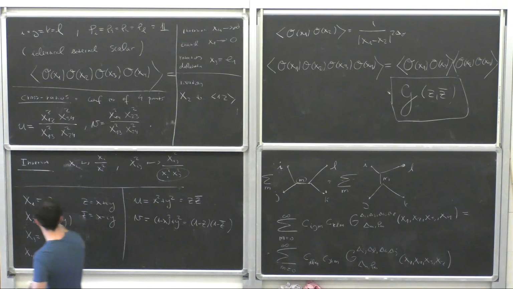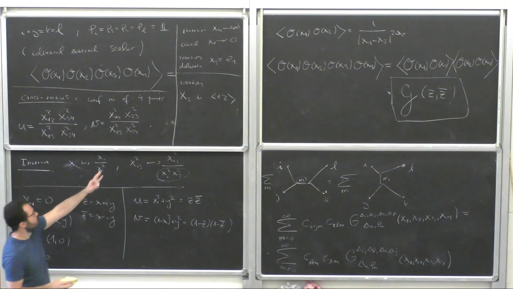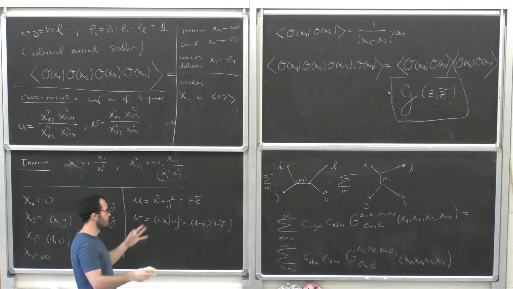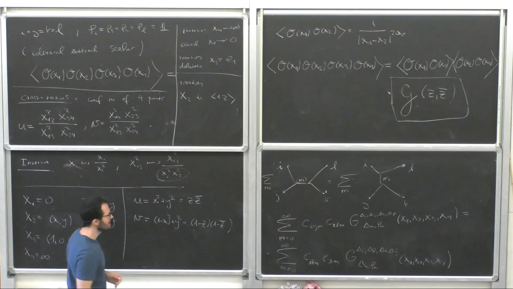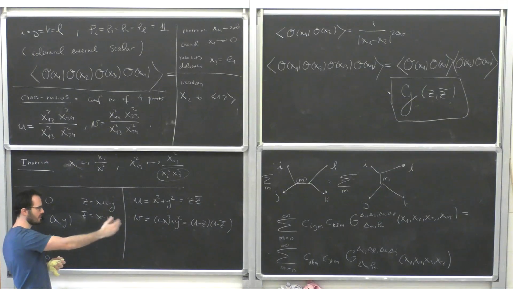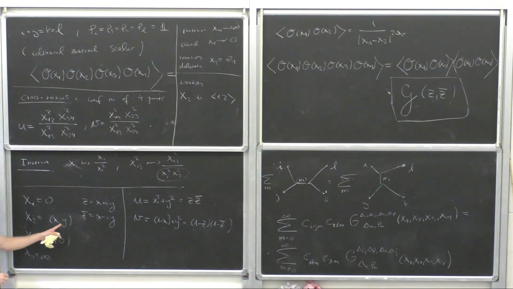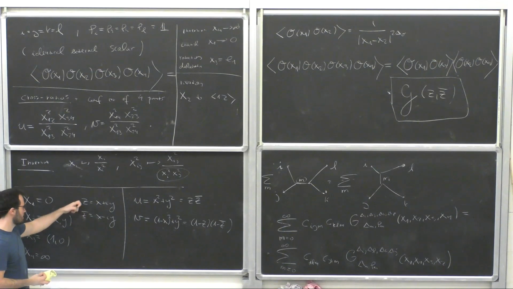Sorry, x and y are the coordinates. We made some movements with the four points, and we brought x1 to 0, x3 to 1, x4 to infinity, and x2 to a two-dimensional plane. And x and y are the two coordinates of x2 in that plane. And we can also parameterize them by z and z bar.